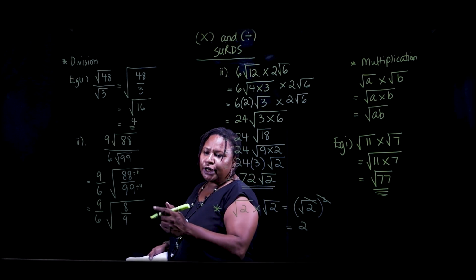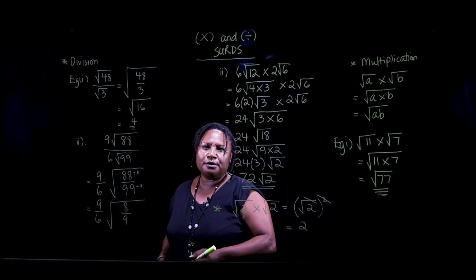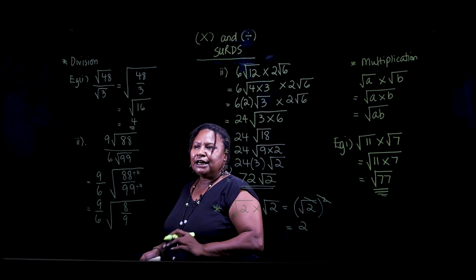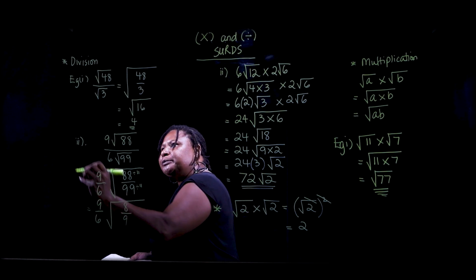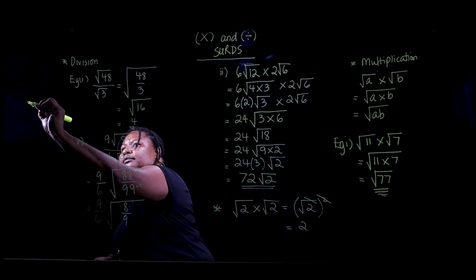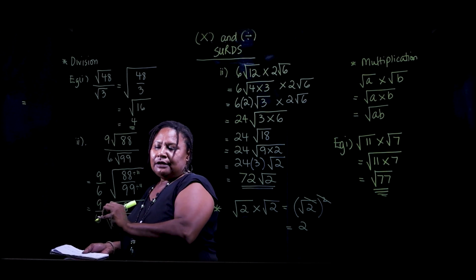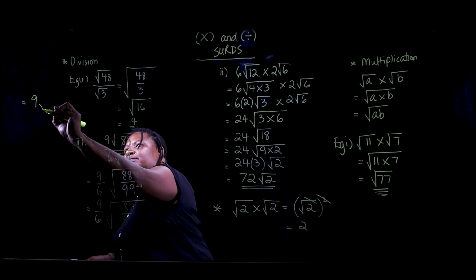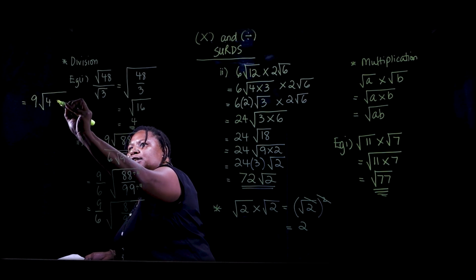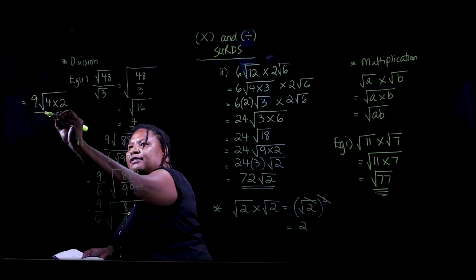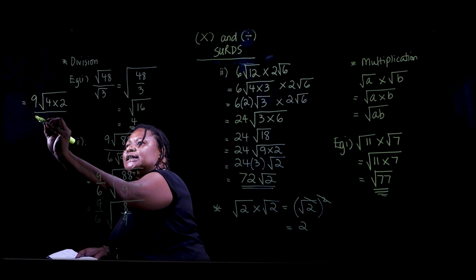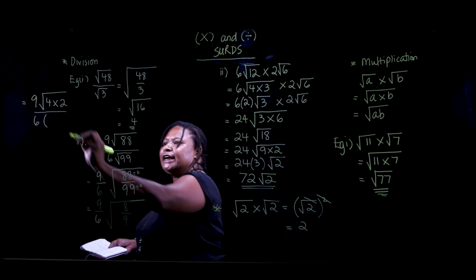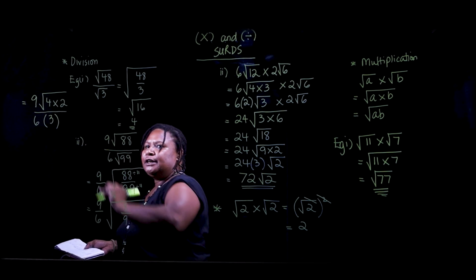Now, from this point, we are going to simplify in this manner here. So what we are going to do, let's have 9 multiplied by the square root of 4 times 2, divided by 6 multiplied by the square root of 9, which is 3.